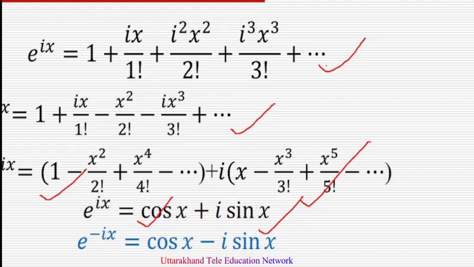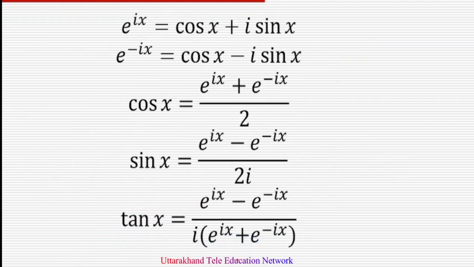Now if we replace ix by minus ix, then we get the equation: e raised to power minus ix is equal to cos x minus i sin x. By these two identities, e raised to power ix equal to cos x plus i sin x, and e raised to power minus ix equal to cos x minus i sin x, we can calculate the values of cos x, sin x, tan x in terms of exponential form.